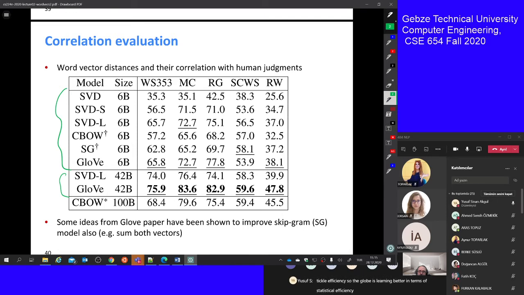It is making more of the data at hand. So that's why they say that for most of the data sets, it is doing better than the others. For some reason, they didn't run the others with the very large 100 billion data set. Okay.